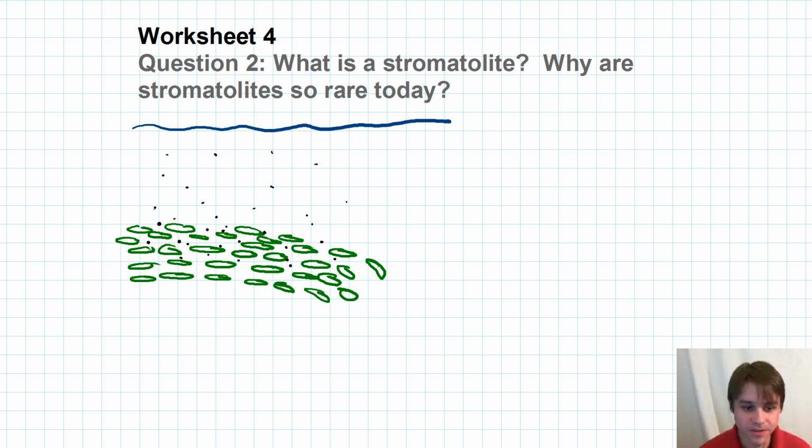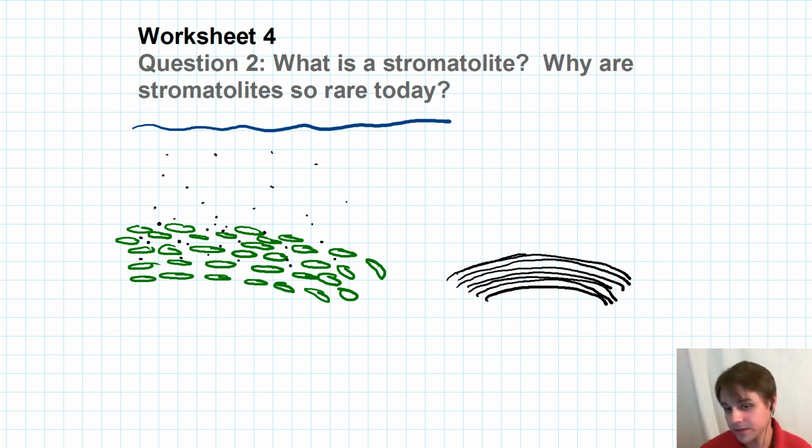The existence of these sticky extracellular proteins can help form layers, which are curved. And so each layer in a stromatolite represents where this biofilm might have been living at any particular time. Over time, we might build up a rock that looks like this, where each layer represents the growth of the biofilm at any one time.